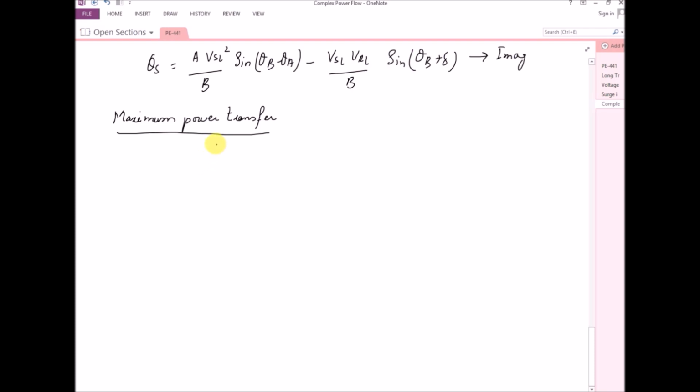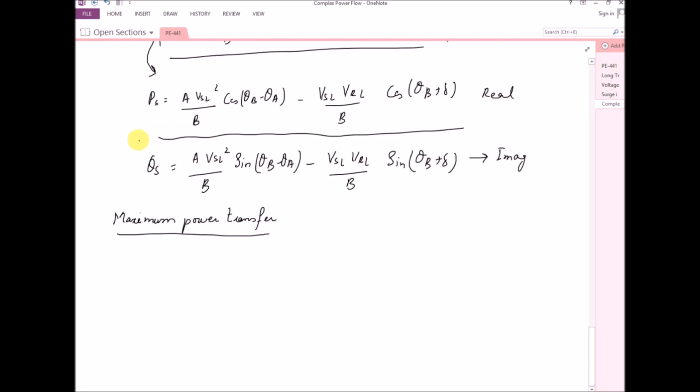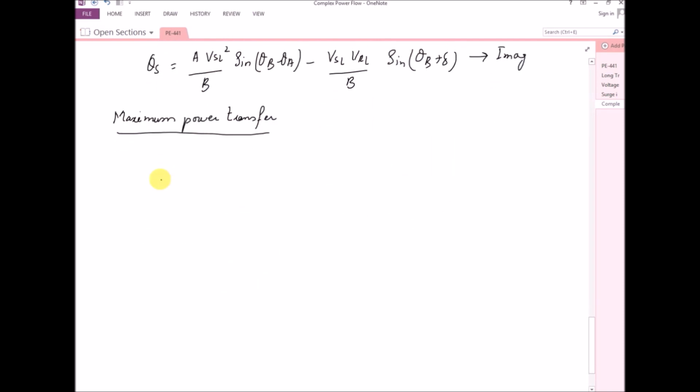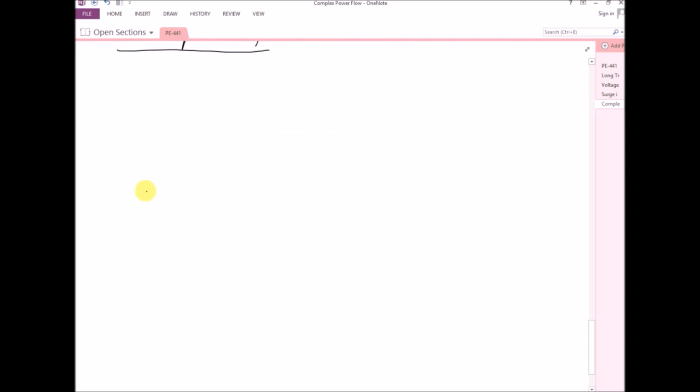So we have the formula for PS, that is this one. I have to calculate the maximum power for this one, so I will take the derivative of this whole equation with respect to delta and make it equal to 0.